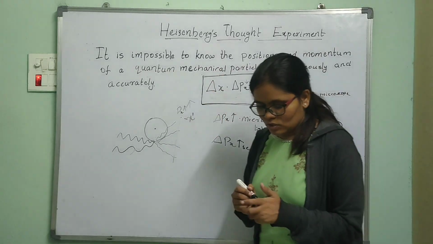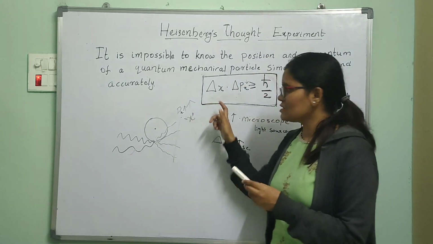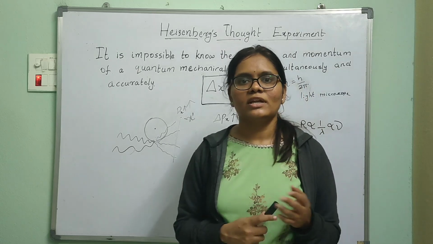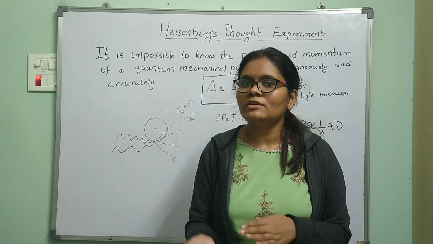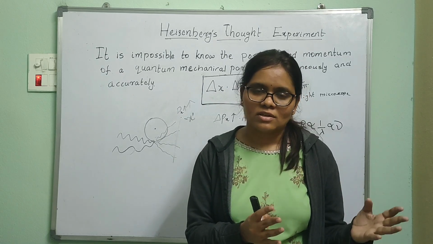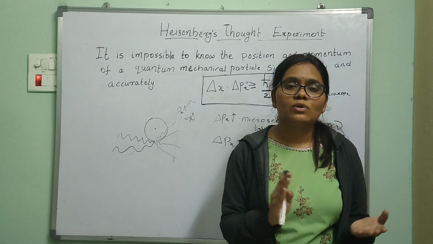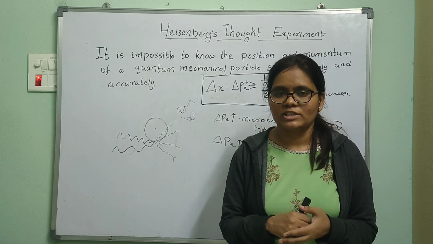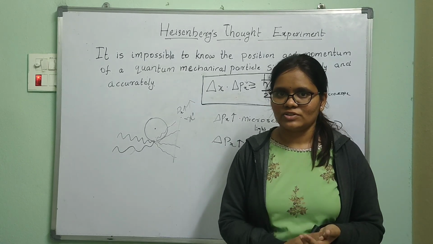Okay. So either way, when you are trying to decrease the uncertainty in one case, the uncertainty in the other case increases, right? So if you are trying to locate the electron properly by using higher energy wavelength, you end up changing its momentum. And when you try to use lower energy light to restrict the change in momentum, you end up compromising with the location of the electron, right?